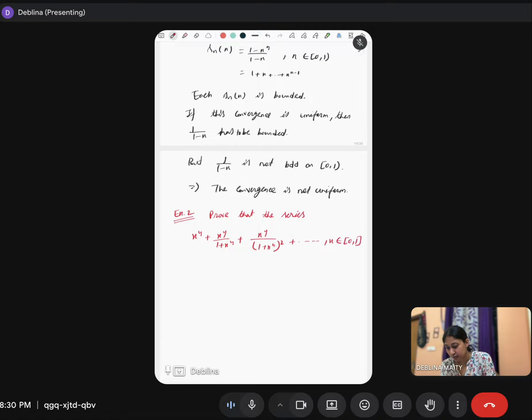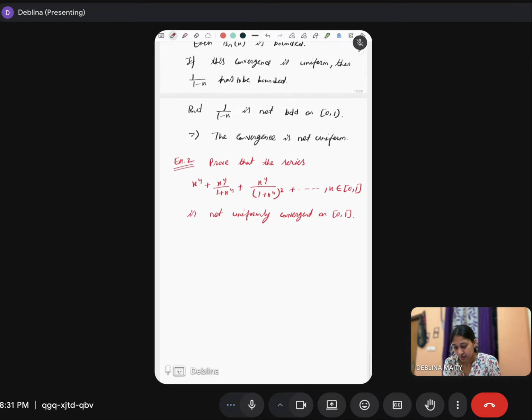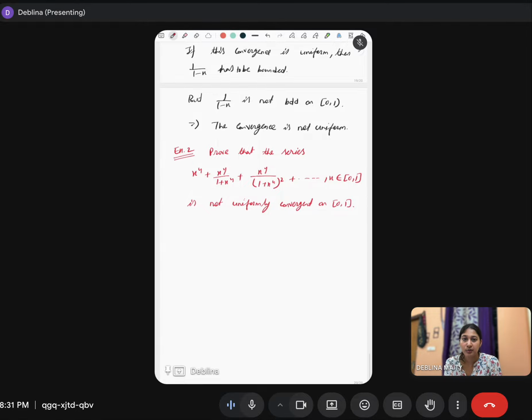Where x belongs to the closed interval [0,1]. This is not uniformly convergent on [0,1]. Right. So I have to prove that this is not uniformly convergent.